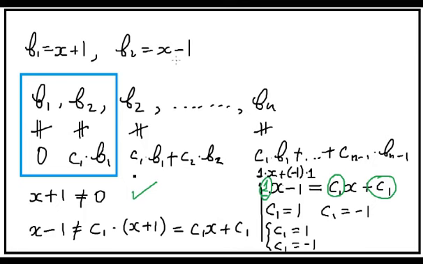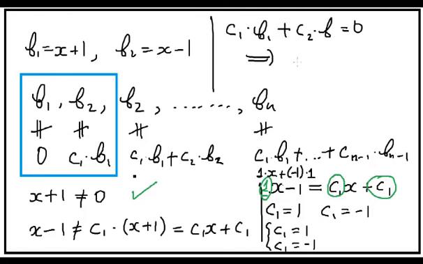Now the difference between the algorithm and the actual definition of linear independence would have been that if I had to apply the definition directly, then I would have had to make sure that whenever this holds, I get from this that c1 equals c2 equals 0. And this is not difficult to do.